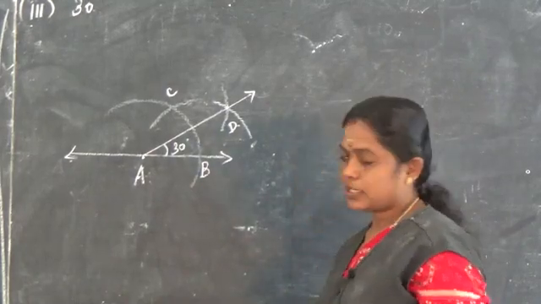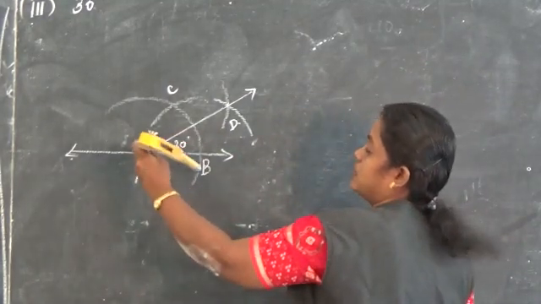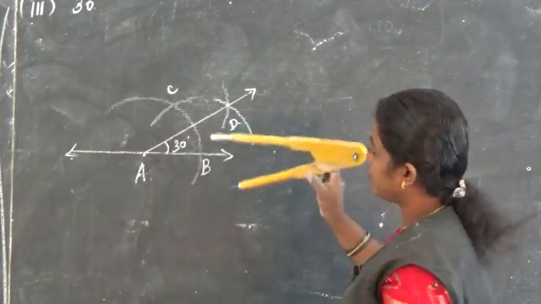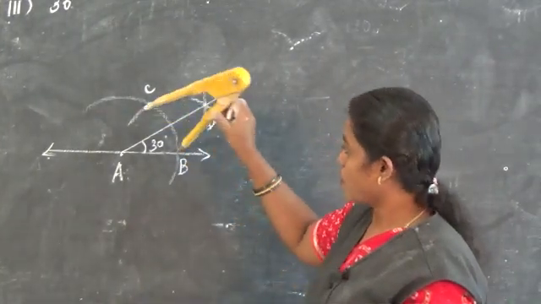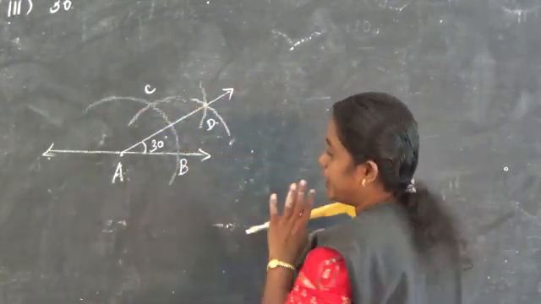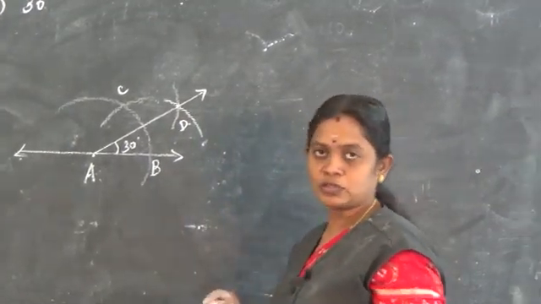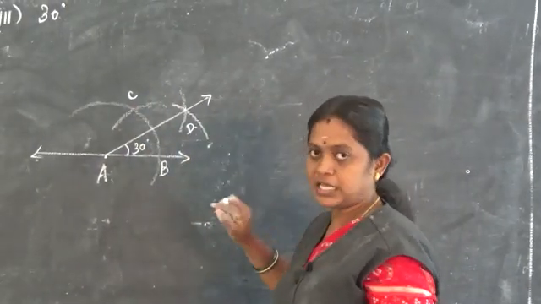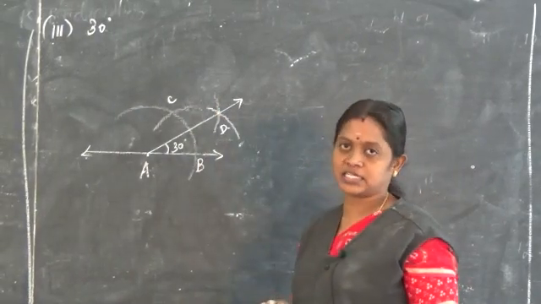Take any convenient radius, with A as a center draw one arc, and with B as a center, without changing the measurement, draw one arc. Now also I didn't change any measurement. In the first problem we drew a 60 degree angle with only one arc; we need 30 degrees, that's why I am using the angle bisector here.